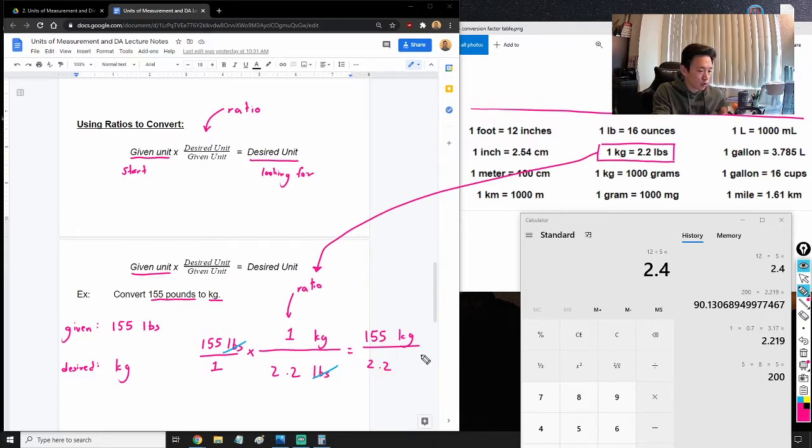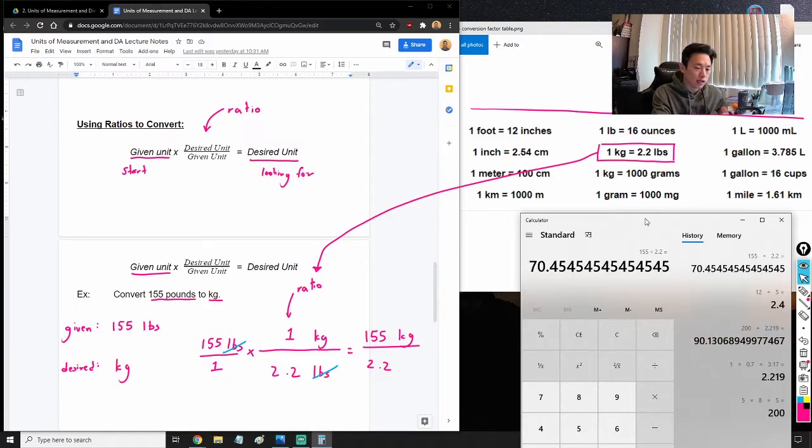So what that means is we can just do top divided by bottom. 155 divided by 2.2. And so your final answer is going to be this right here. So that means that 155 pounds is going to equal 70.45, and I'm going to round up to 55 kilograms. Okay?